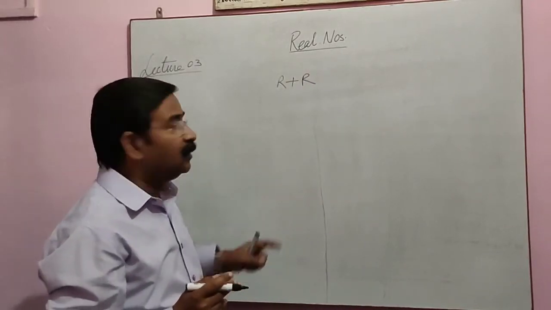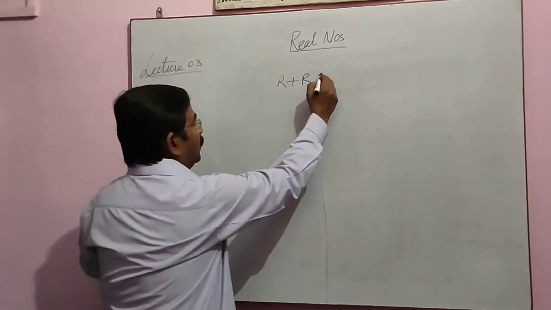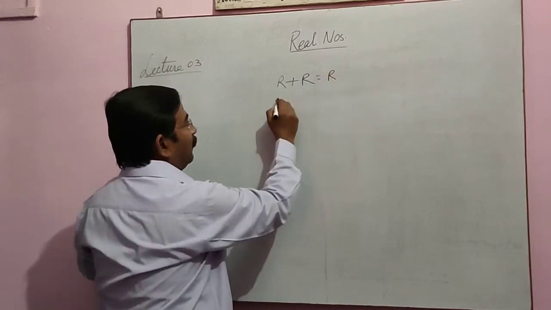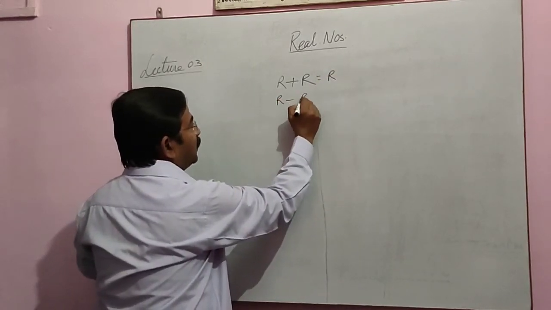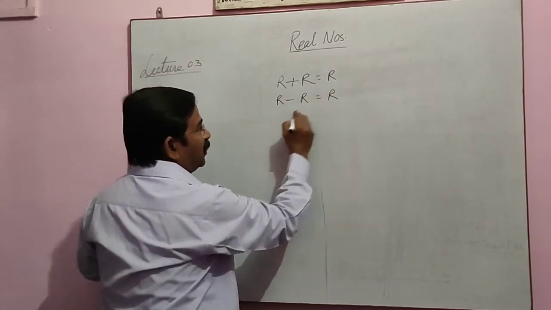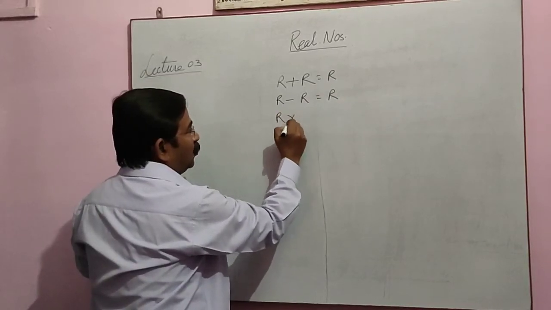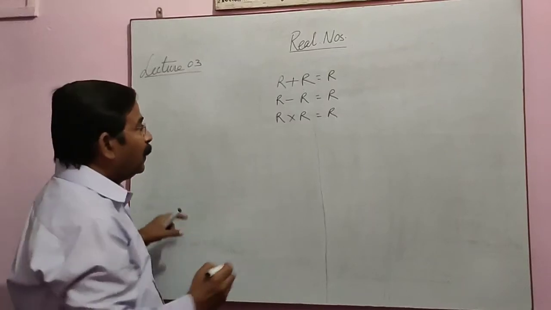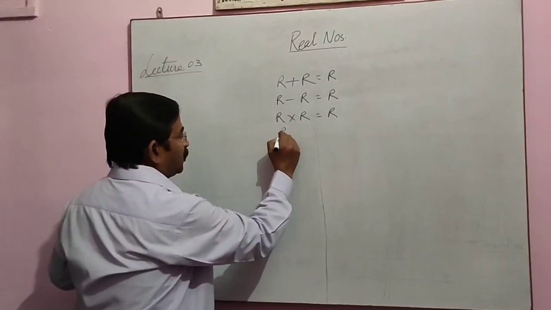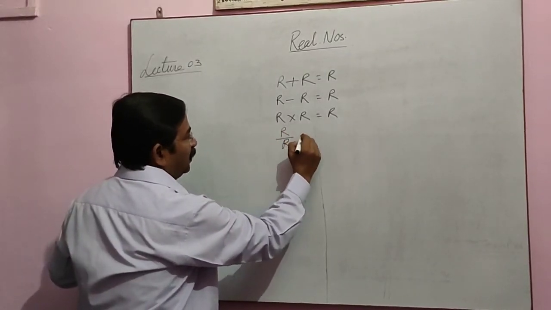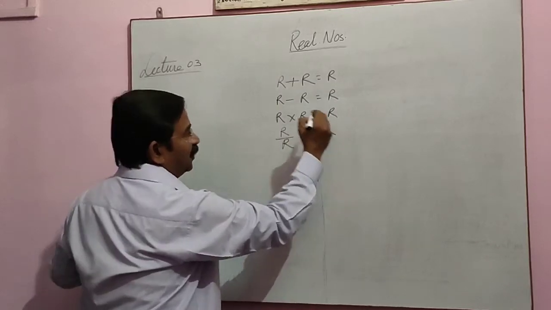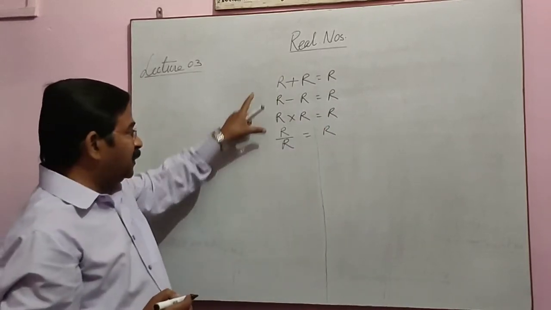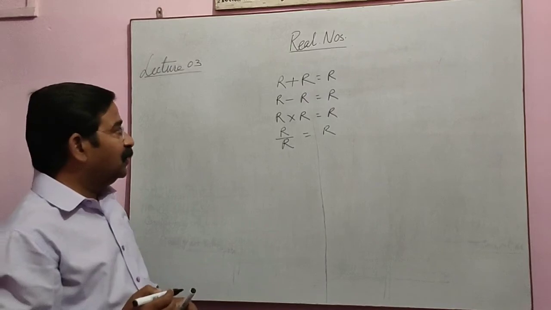Rational plus rational is rational. Rational minus rational is rational. Rational into rational is rational. Rational upon rational is rational. All these things are rational.